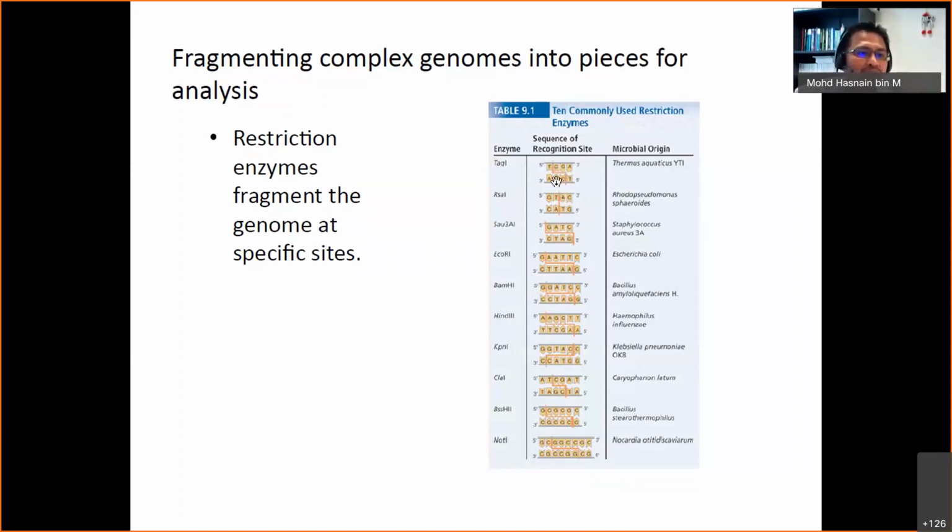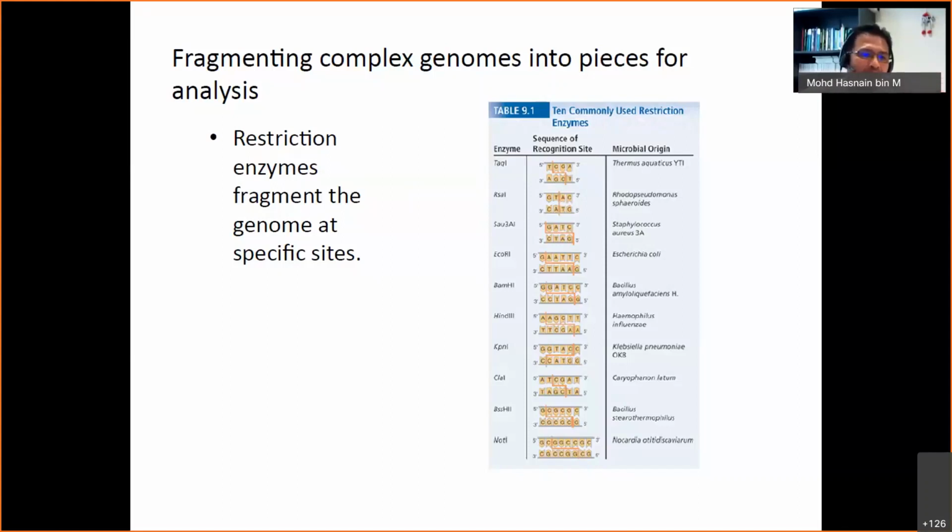So if it comes across TGCA, it will cut. For RSA1, when the enzyme scans through the DNA, if it finds, for example, GTAC and recognizes it, it will cut the DNA into 2 pieces.